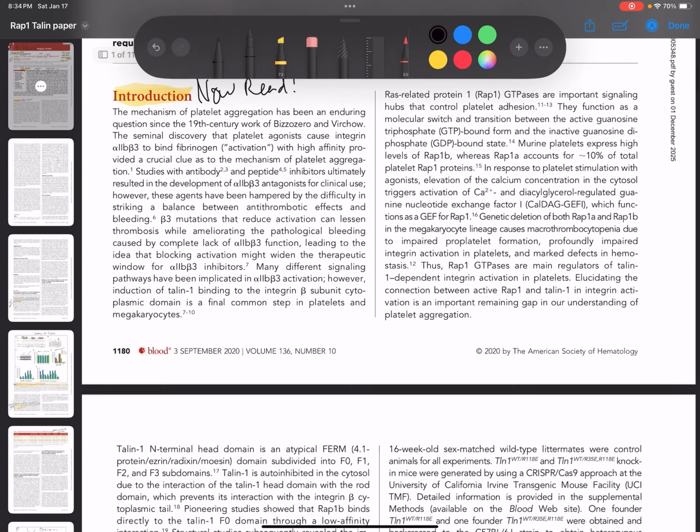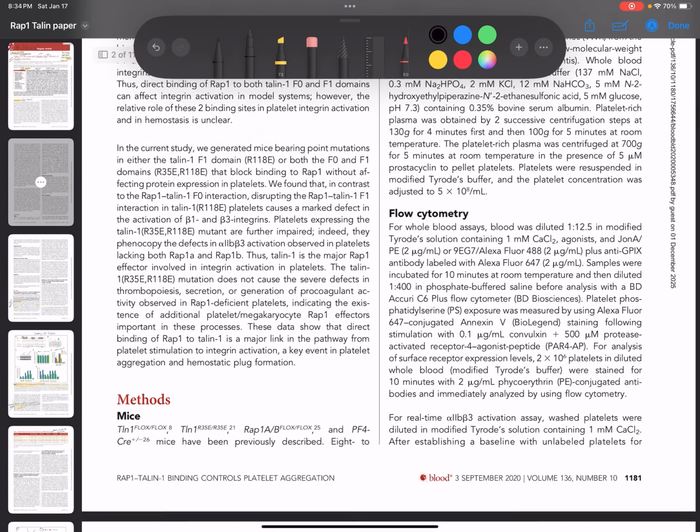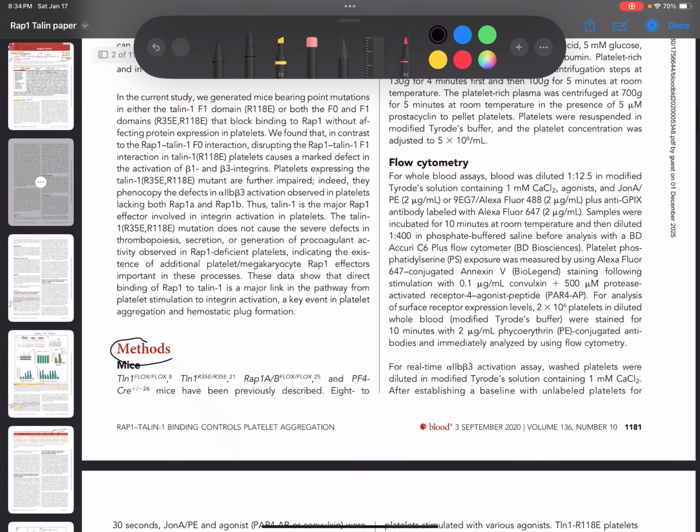Now, if you're wondering, when do we read methods? Well, we read them when you're not familiar with an assay or experiment.